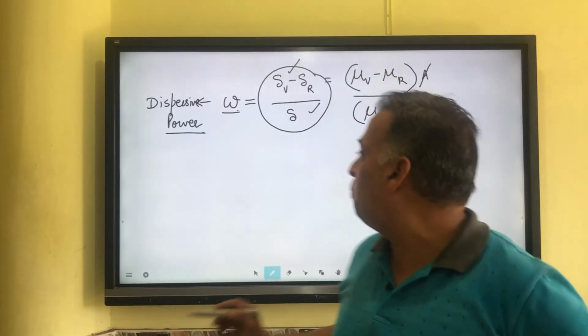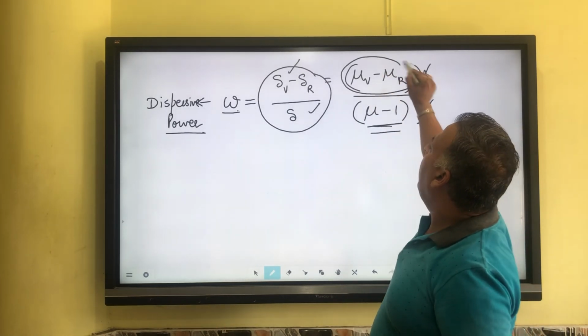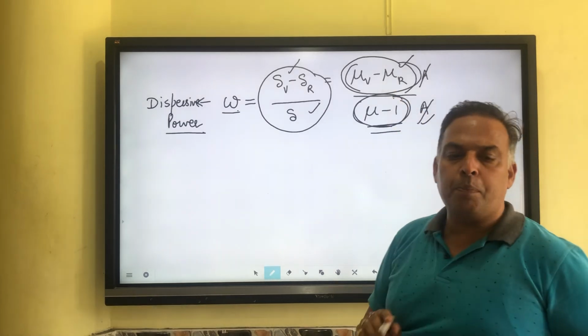The mean deviation produced by the prism is (mu minus 1) into A. So this was the angular dispersion for two colors, and this was the mean deviation produced by the prism.